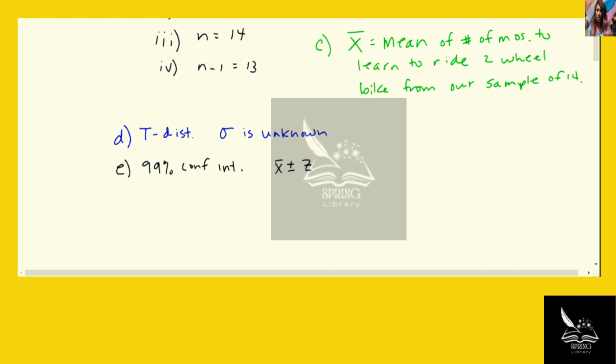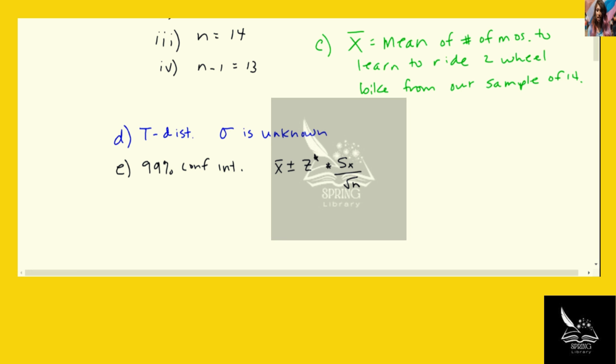I call it the z-star value because it's not really a z-score specific to any data value, but the z-star value associated with the 99% confidence interval, times the standard error. In this case, the standard error is the standard deviation divided by the square root of n, since we're dealing with means. So this will give us our confidence interval.